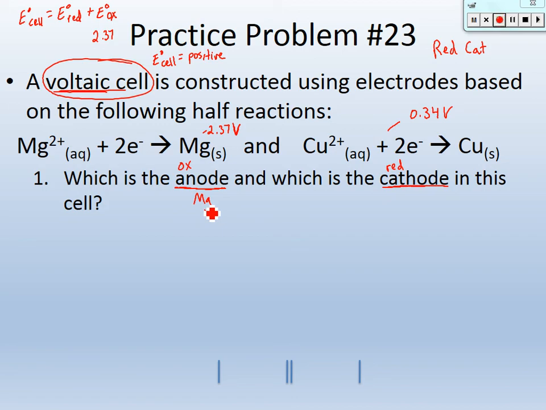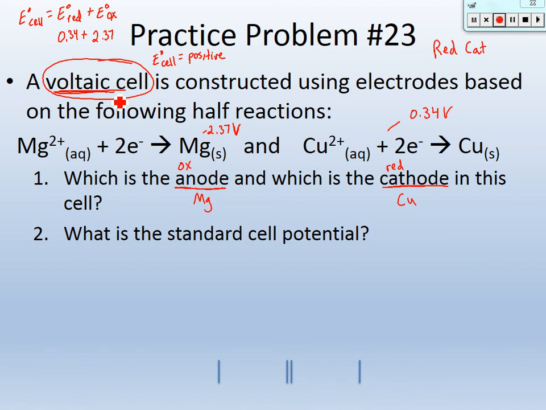Okay. And the cathode, I want this to remain that, so it's 0.34. So we know that the copper is going to be my cathode. If it was the other way around, guys, it would be a negative cell potential. And we know it's not negative because this is a voltaic cell, which is spontaneous. It has a positive voltage.